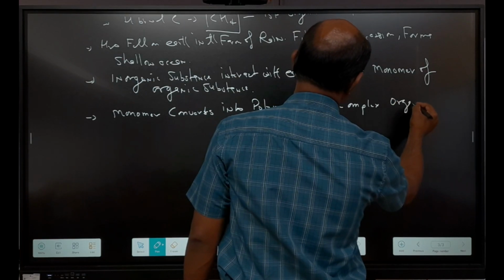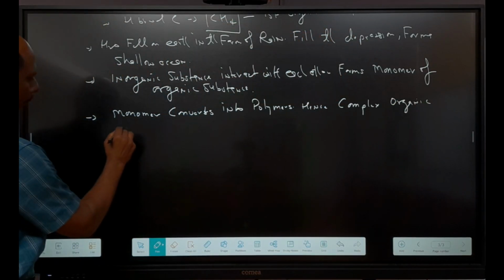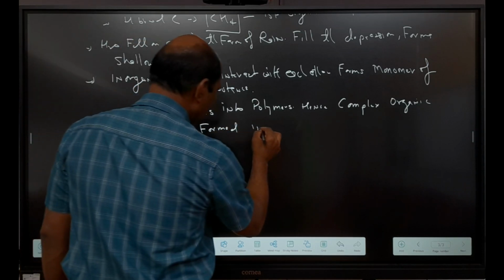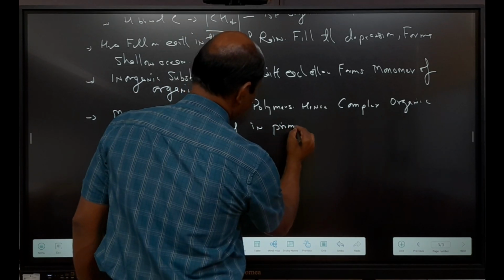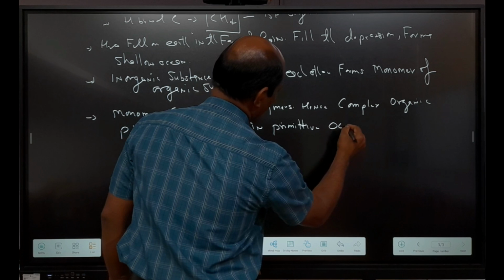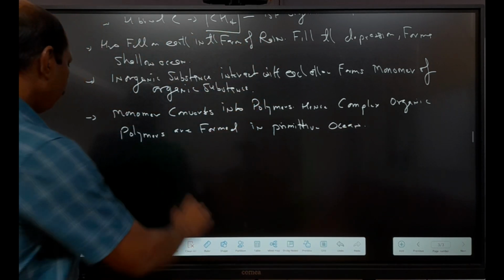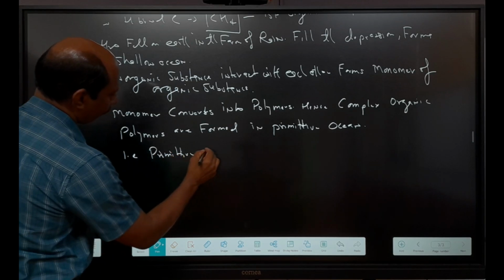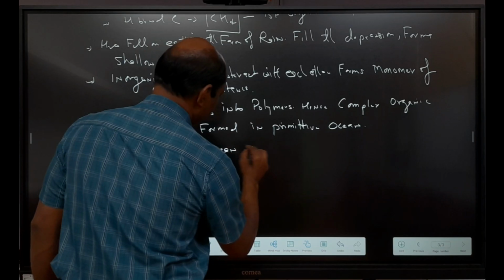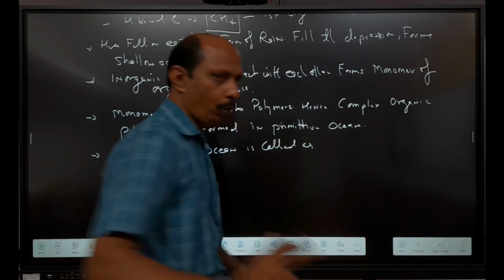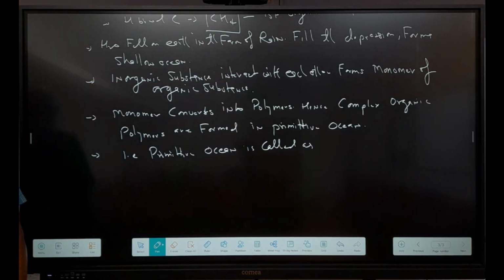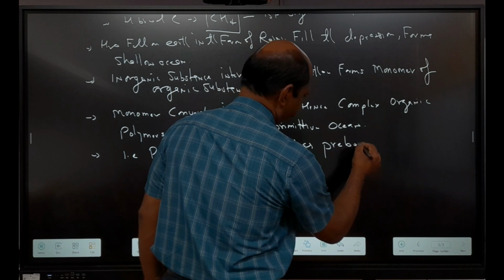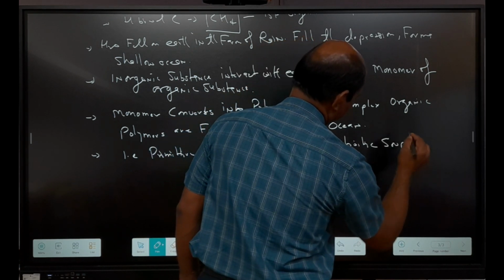Complex organic substances, or polymers, are formed in the primitive ocean, which is called prebiotic soup or hot dilute soup.